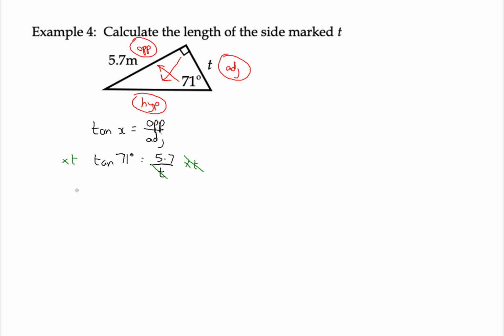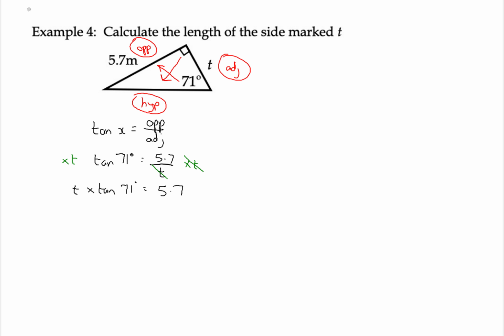What have we got on the left hand side? We've got t multiplied by tan 71 degrees equals 5.7. Okay, I haven't got t on its own, it's multiplying by tan 71. So what do we do to effectively undo that?